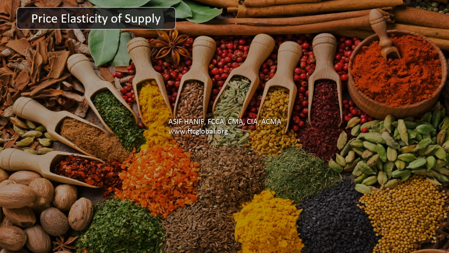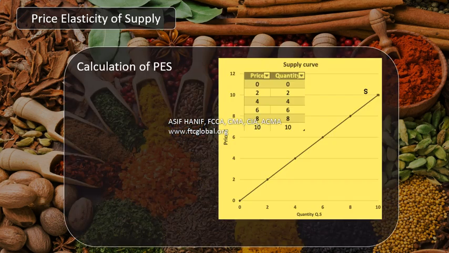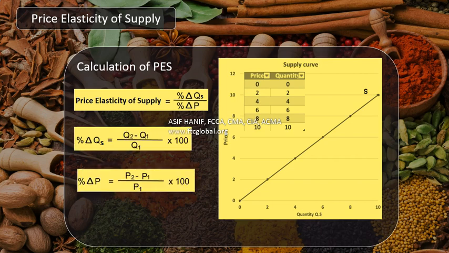Just like in price elasticity of demand, we had a formula to measure elasticity, we have a similar formula for price elasticity of supply. You can see percentage change in quantity supplied upon percentage change in price. So let us consider these two measures. Price changes from 4 to 6. It results in quantity change from 4 to 6.